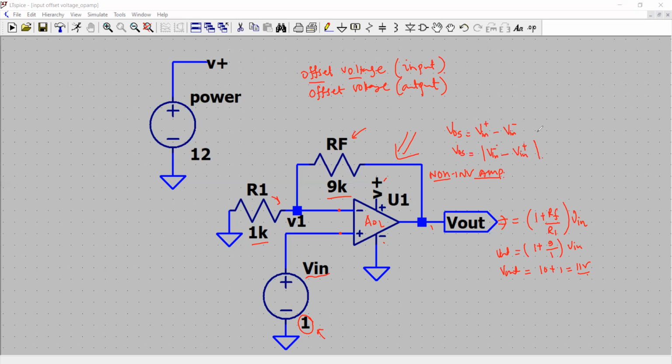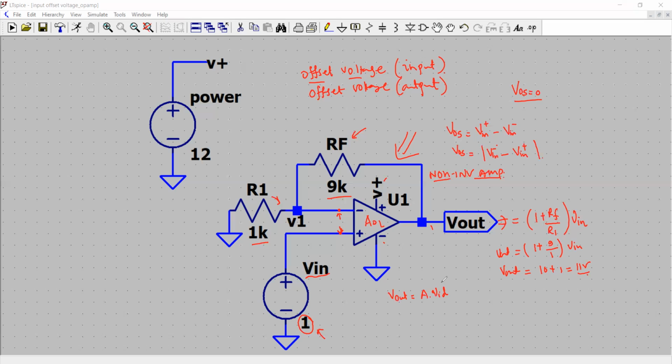Now, in an ideal operational amplifier, the value of VOS is equal to 0. So it means there is no differential voltage between the two terminals of the amplifier, and therefore the output is basically gain times VID.